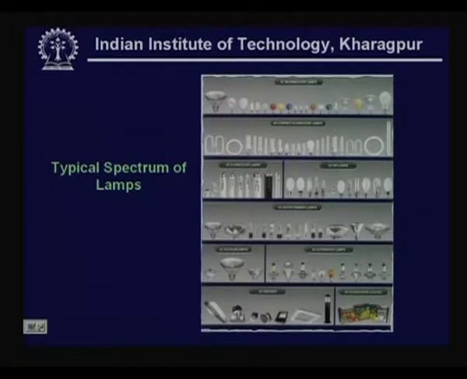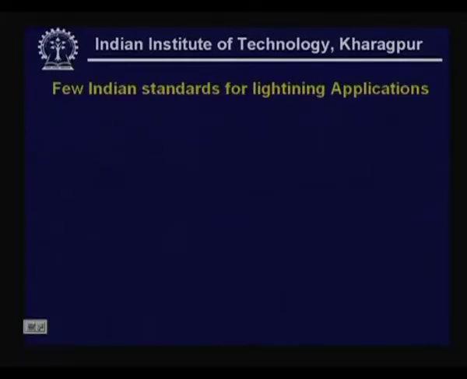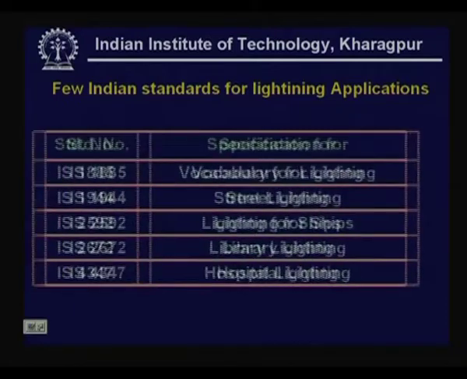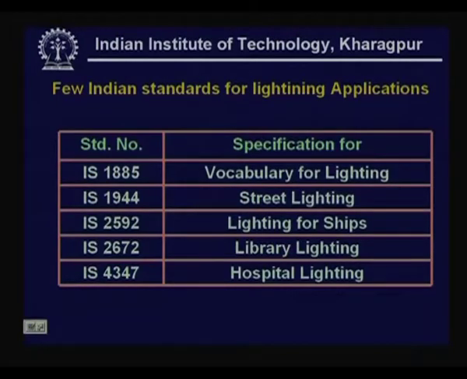Now, having said all this, I said recommendations have been obtained, and these are all based on the CIE recommendations, which are adapted by the national standards, and therefore we would like to mention some of the standards. I must emphasize here that each of these standards has more than one part. It's briefly mentioned here.